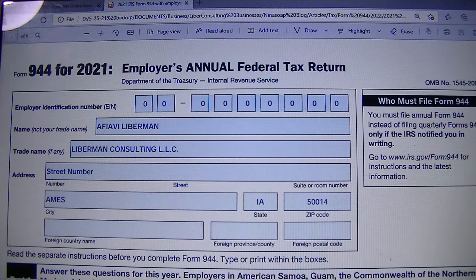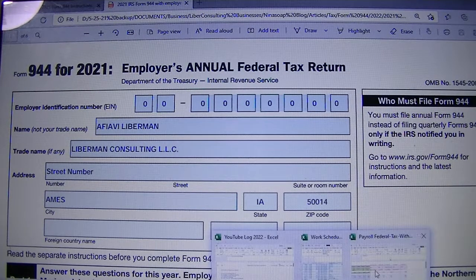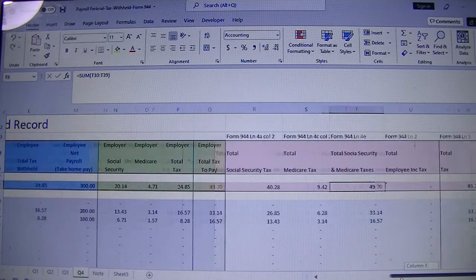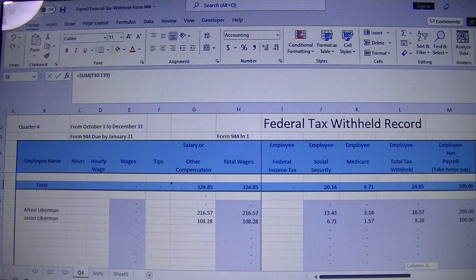And you cannot complete your Form 944 for your business if you are the only employee and the business is new and you are collecting salary, if you don't have a structure to record how much you have been collecting.